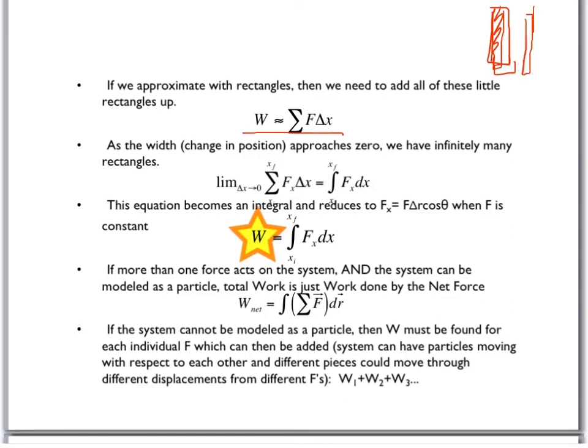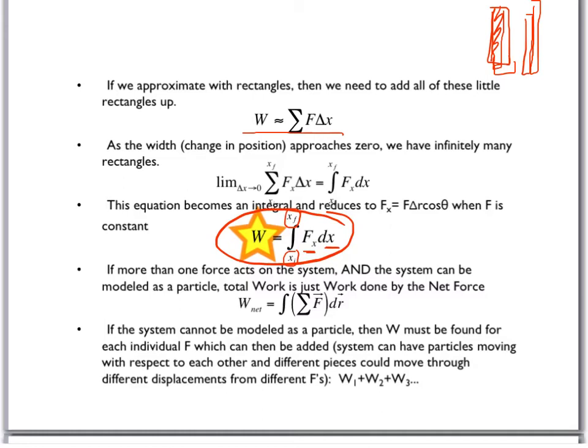A thinner set of rectangles would be a better approximation to the area under the curve. Now, as these rectangles become infinitely thin, essentially what we are getting is an integral. So work can be thought of as an exact value of that work being the integral from some initial x value to the final of the force with respect to x.